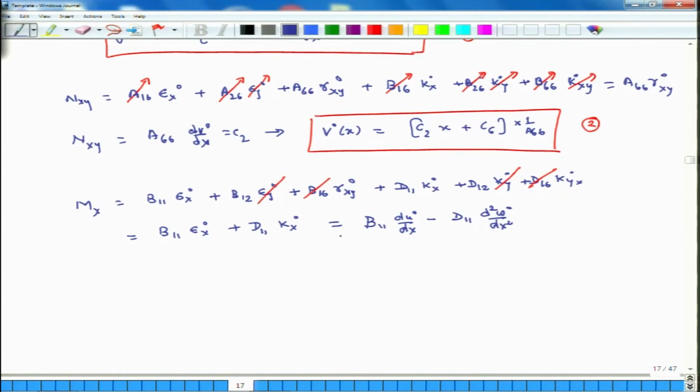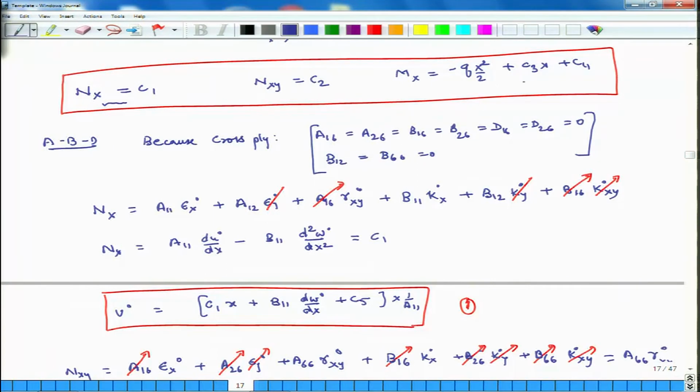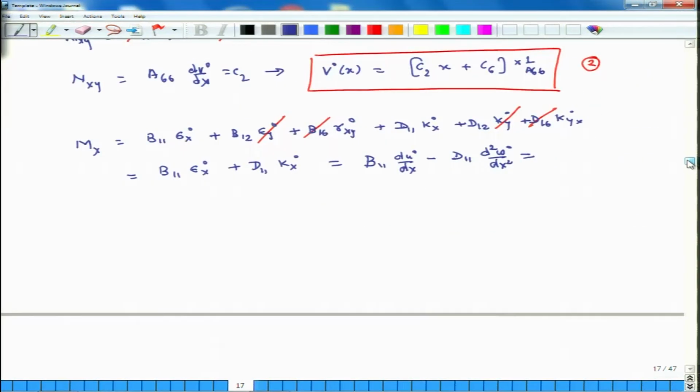Okay. Now, this is equal to Mx, but we also have another expression for Mx, which is this one, Mx is equal to minus qx square over 2 plus C3x plus C4, which is valid for all the 4 cases. So, I bring it there.